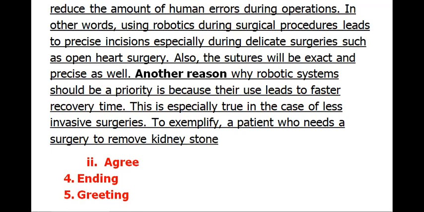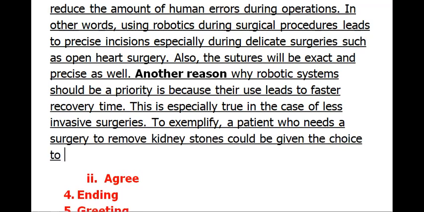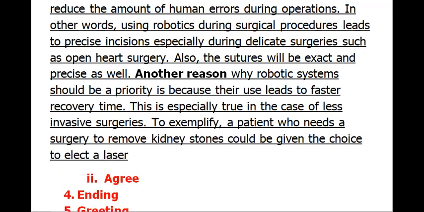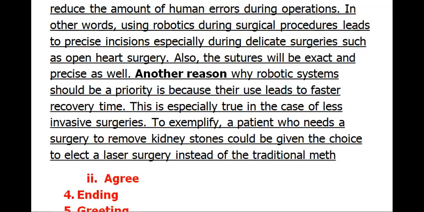To exemplify, a patient who needs a surgery to remove kidney stones would be given the choice to elect a laser surgery instead of the traditional method.